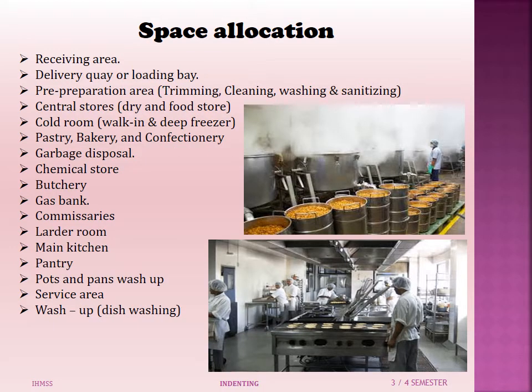Space allocations. Receiving area, delivery or loading bay, pre-preparation area, trimming, cleaning, washing, sanitizing. Sometimes we know the area as a commissary. Central storage, dry and food storage, cold room, working and deep fridges, pastry, bakery and confectionery, garbage disposal, chemical storage, butchery, gas bank, commissaries, larder room, main kitchen, pantry, pots and pans, wash up, service area, wash up, that's the dishwashing area.